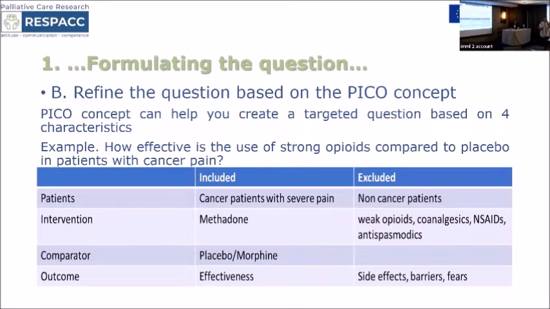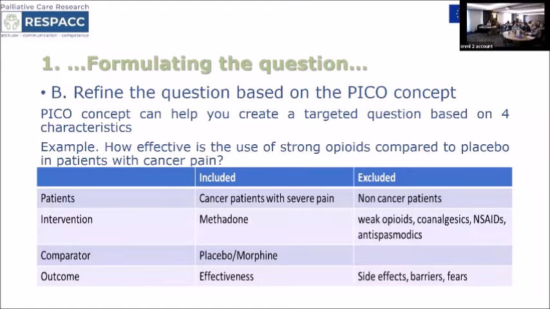Okay, Bogdana, let me give you the microphone. It should sound like: what's the effectiveness of using methadone versus morphine in cancer patients with severe chronic pain?